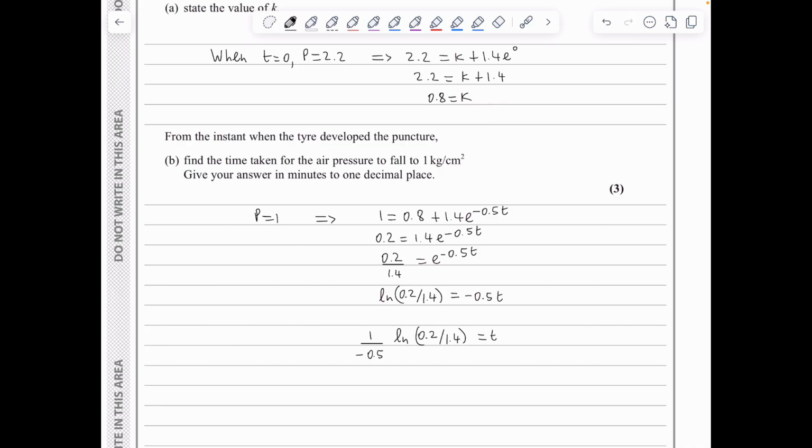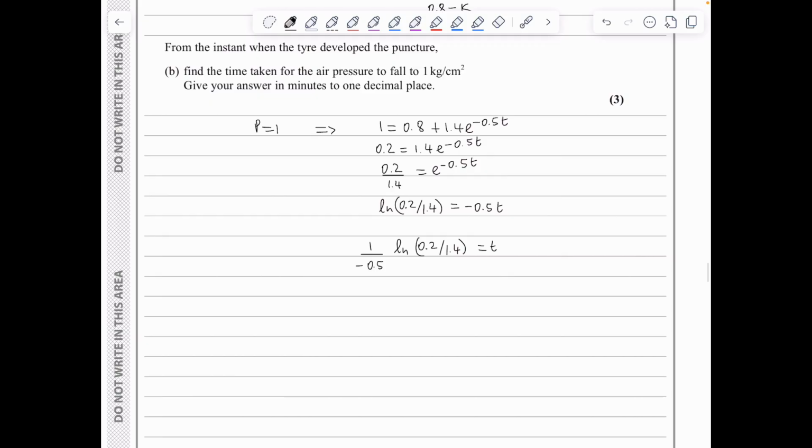If we plug this into the calculator, we get that t is 3.89182..., and therefore we conclude that the time is 3.9 minutes correct to one decimal place.